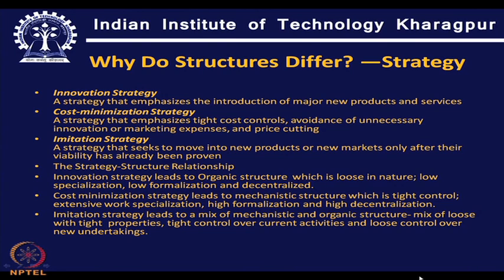When we are talking of cost minimization strategy, it leads to a mechanistic structure, which has some sort of tight control, extensive work specialization, high formalization and high centralization. When you are talking of formalization, it is the degree to which there are specified rules and regulations.